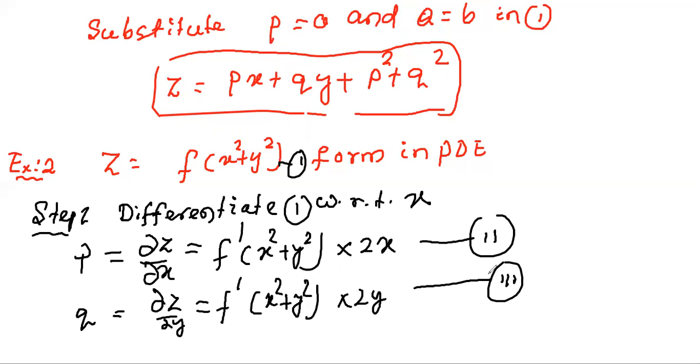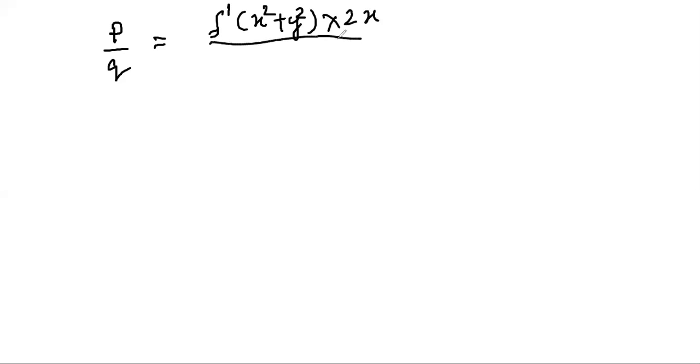We can create among them a partial form. If both the equations are divided, then the function can be eliminated. If both equations are divided, then f dash and f dash cancel, and the remaining term must be the partial form. So p by q is equal to f dash of x square plus y square into 2x, divided by f dash of x square plus y square into 2y.